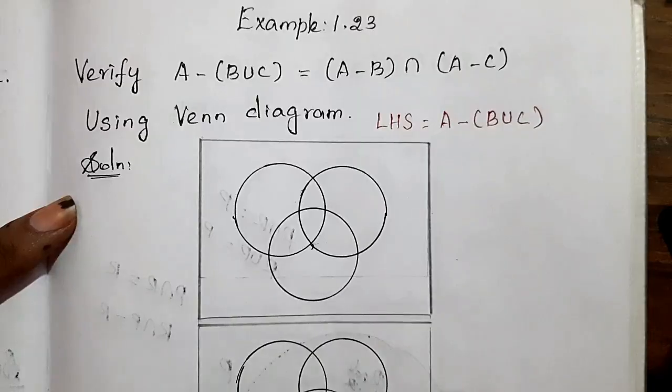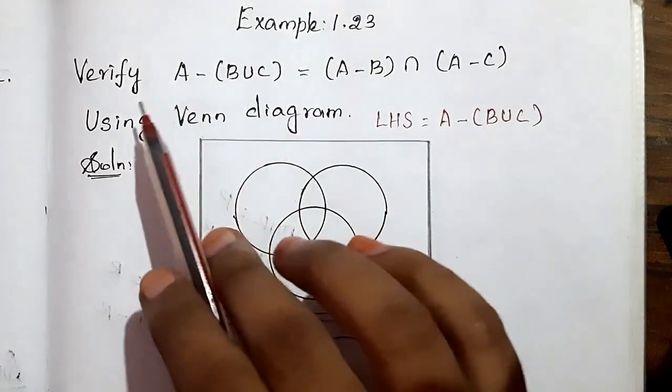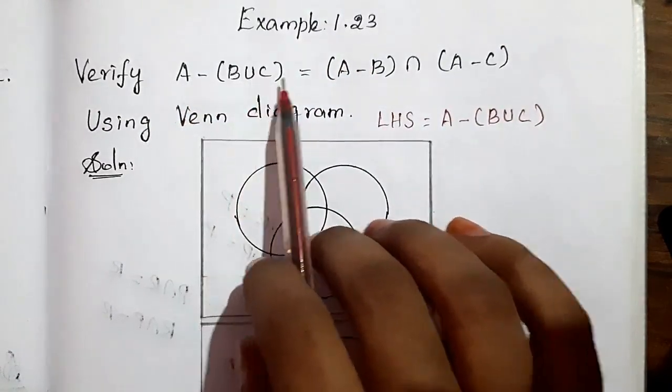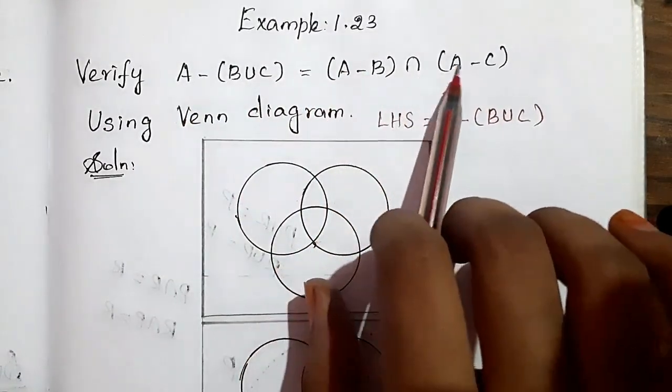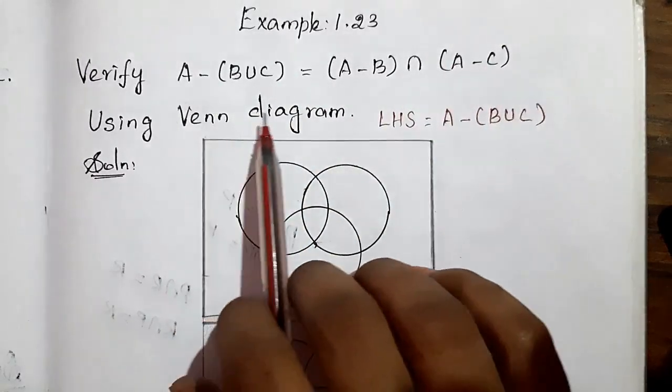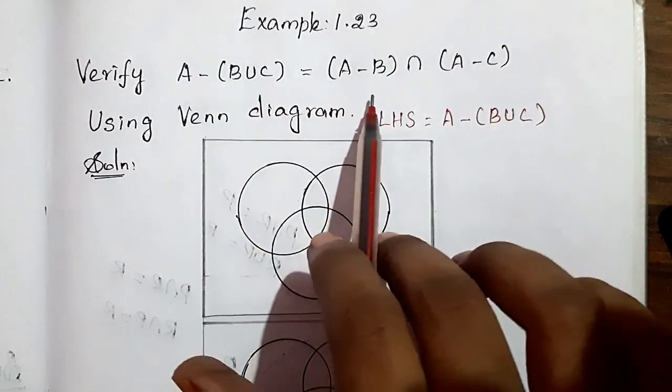Okay. Example 1.23, verify A difference B union C equal to A difference B intersection A difference C using Venn diagram. So we have to verify this using Venn diagram.